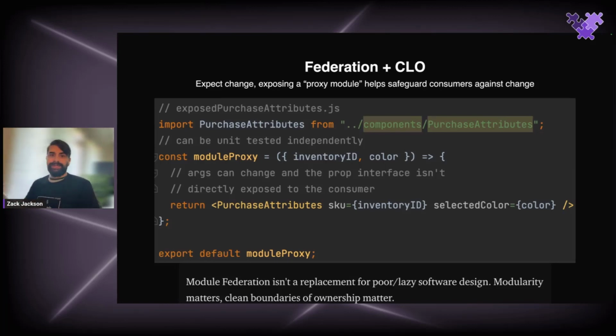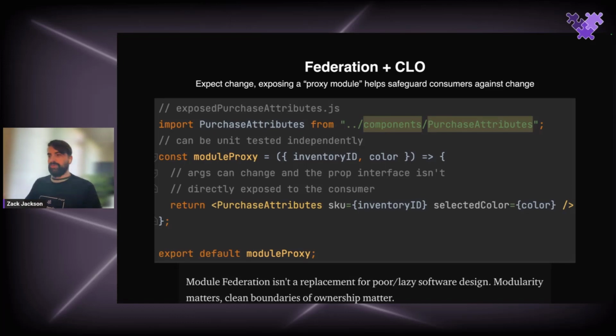The feature doesn't get messy with the what-ifs. Rather, there's a proxy module here where, if we changed SKU to inventory ID, or if we change these prop names, I could switch them out without impacting the upstream consumers, and nobody has to change anything. Whatever I do down here, I can translate back to the agreed-upon contract that's available, and it's more or less out of the way.